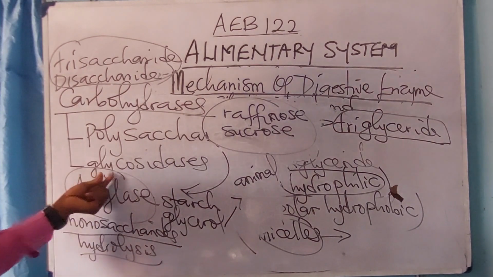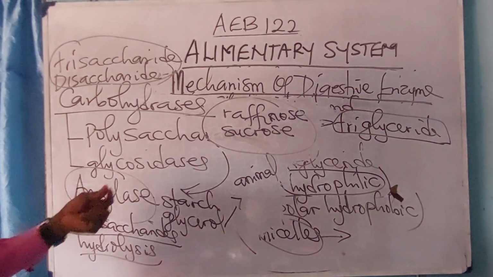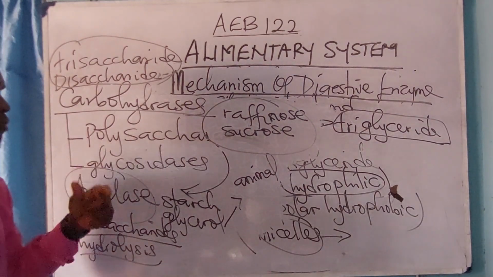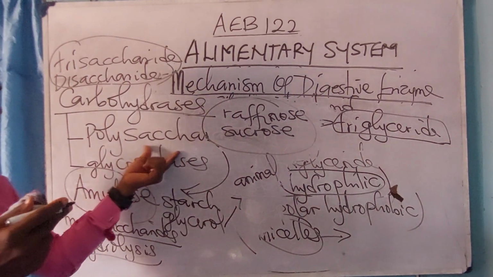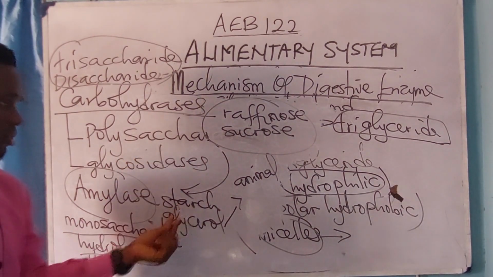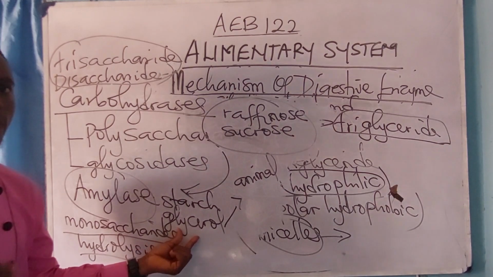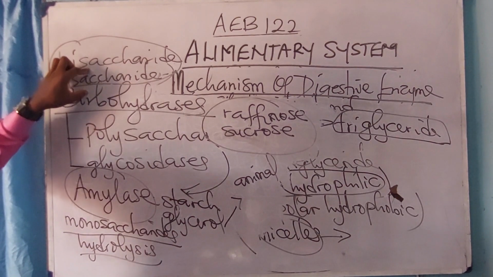This trisaccharide, on the other hand, is converted into monosaccharide by the glycosidases. You see, it's a chain reaction. First thing first, the polysaccharases will convert large molecules of polysaccharides, such as starch and glycogen in plants and animals respectively, into triglyceride and what? Glyceride.